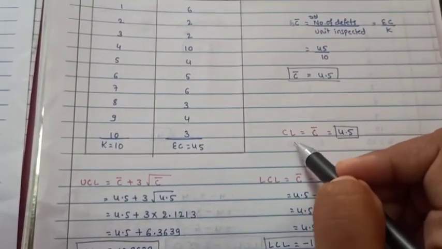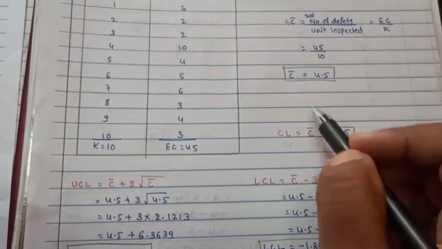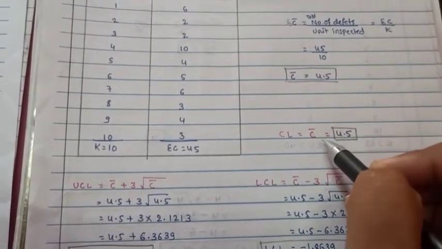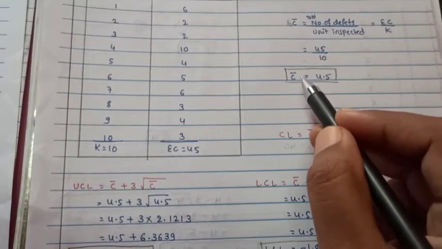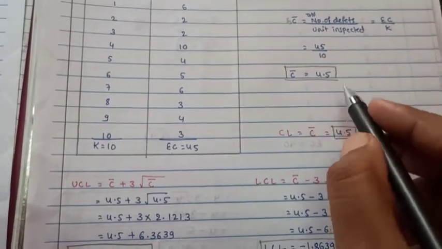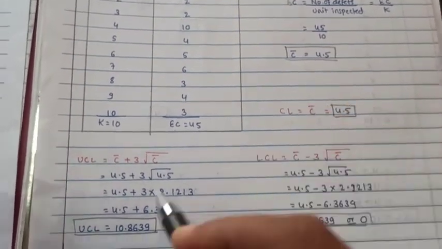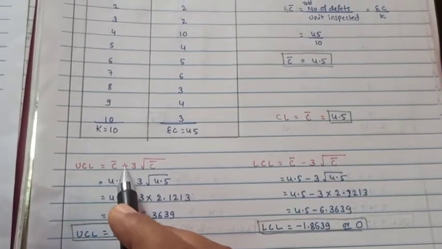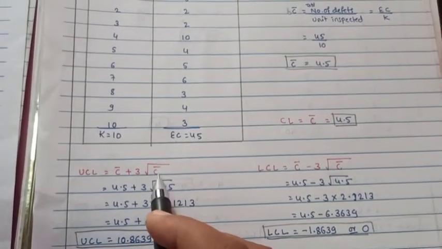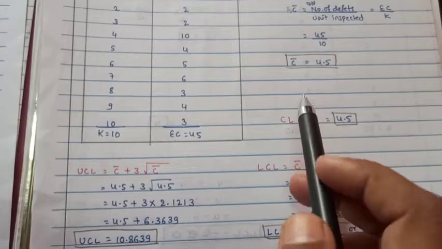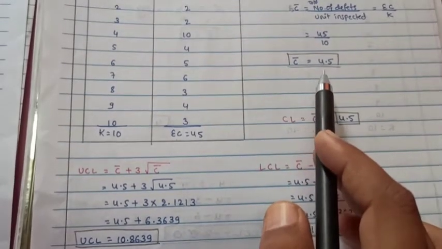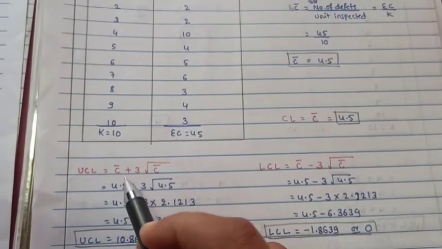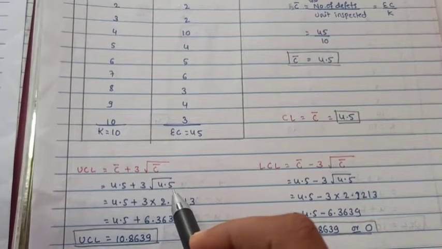Next, the control limits. The center line CL is equal to C bar, which we calculated as 4.5. The upper control limit is C bar plus 3 root of C bar. C bar is 4.5, so 4.5 plus 3 root of 4.5.